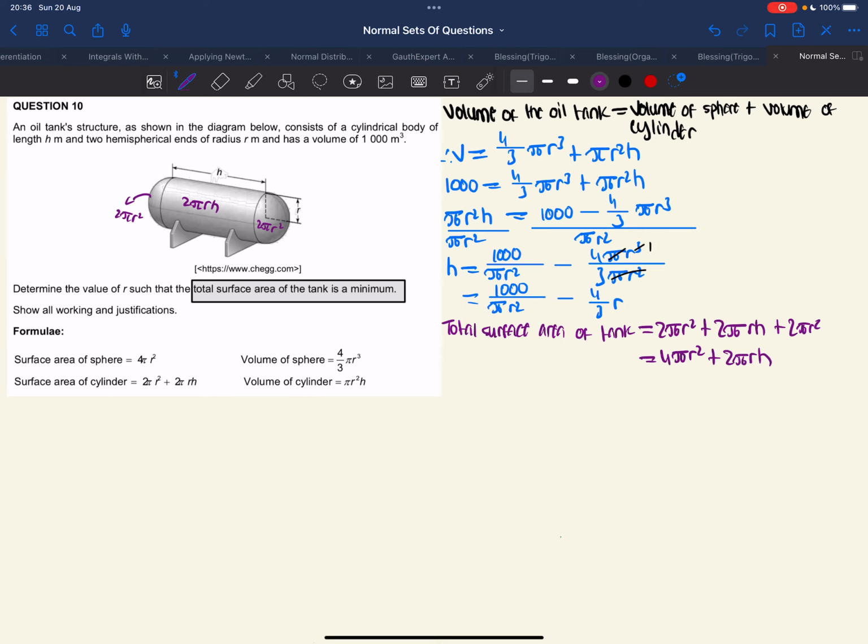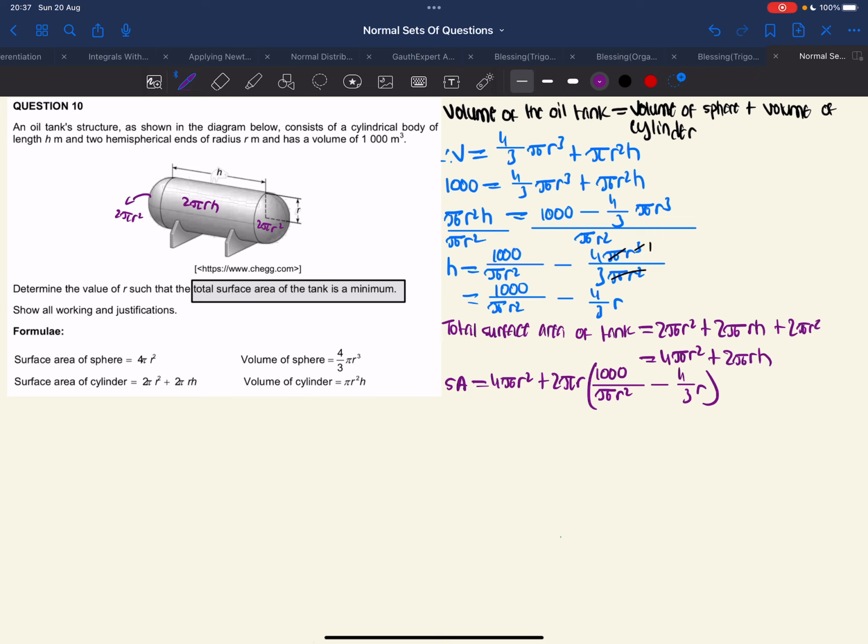All right, and then what we can do now is substitute h, which we determined in our previous question. Let's name the total surface area SA. So SA equals 4 pi r squared plus 2 pi r, then we're going to substitute that whole thing there, so it's 1000 over pi r squared minus 4 over 3r, right?